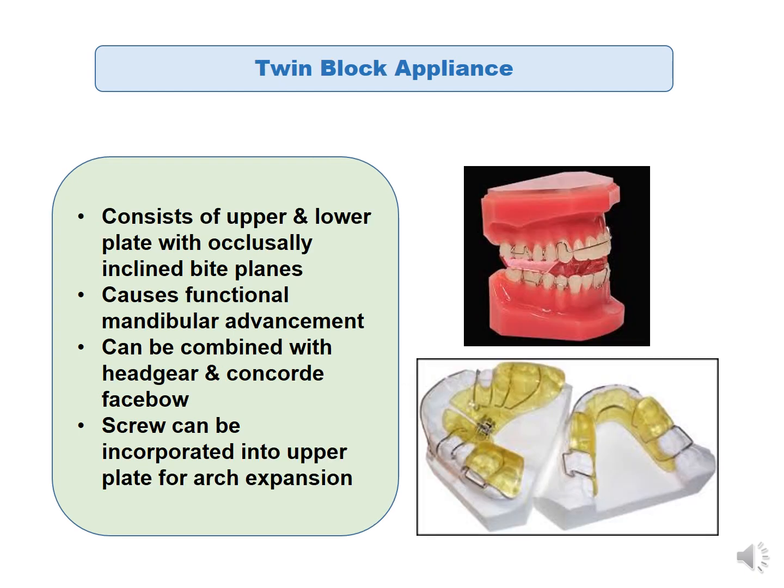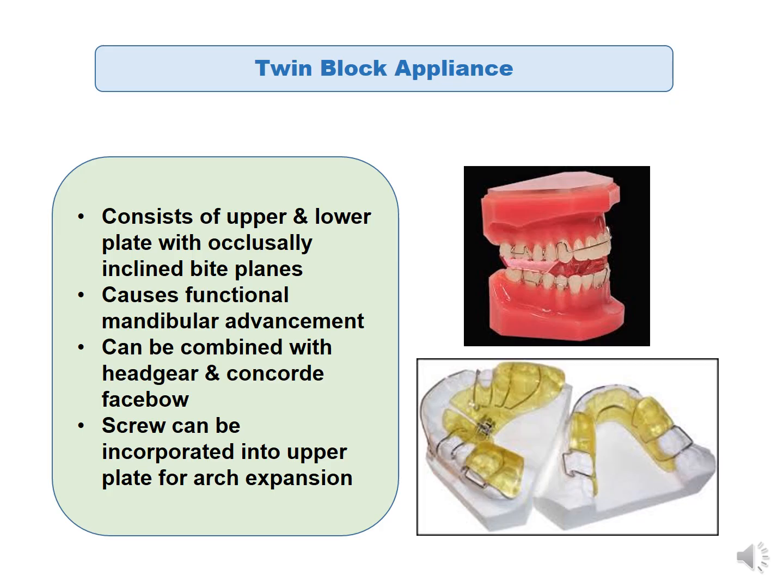The twin block appliance. The twin block appliance consists of upper and lower plates with occlusally inclined bite planes. These bite planes cause a functional mandibular advancement, and this appliance can be combined with headgear and a Concorde face bow.